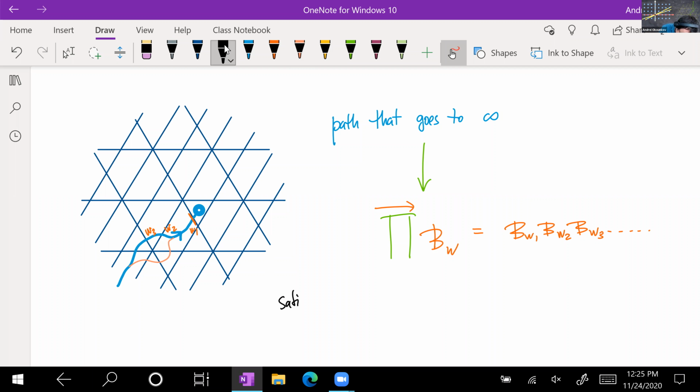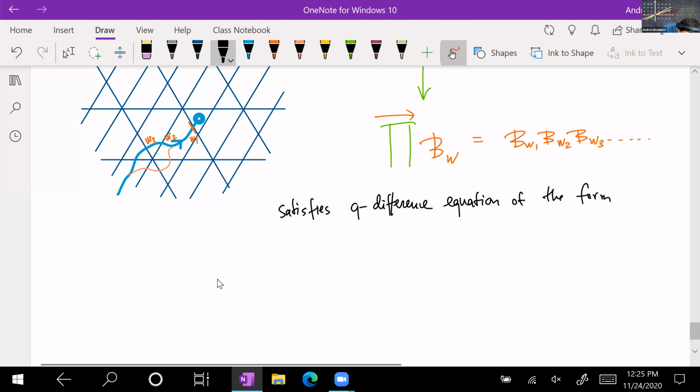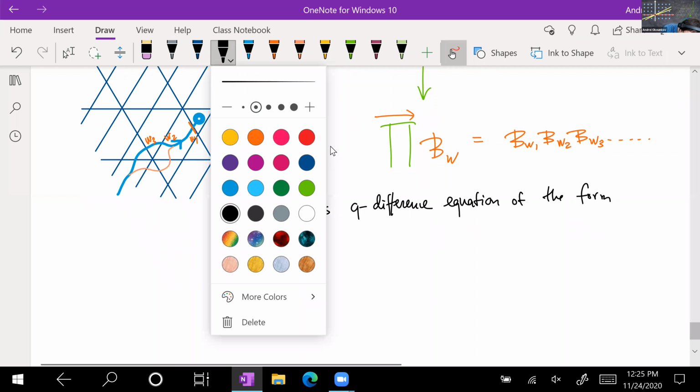Then that satisfies a Q difference equation of the form, if I take this operator, maybe call this function psi.